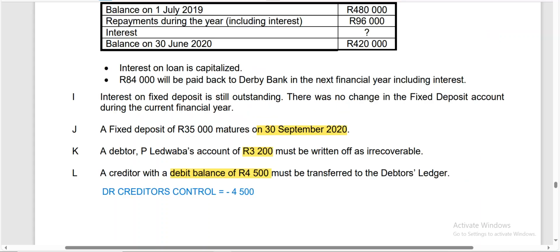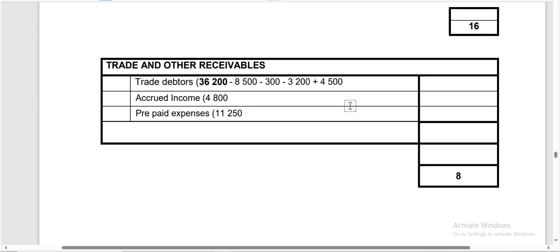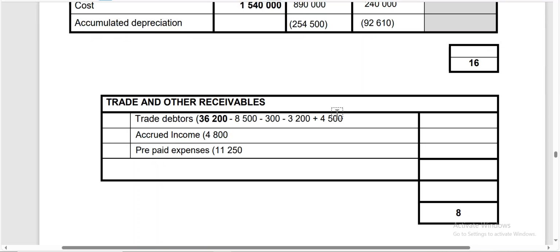So what we need to do now is to check if our information balances. Let's close off the totals of the notes, because this is what we can deal with for now. I'm going to try and close this off and see if it gives us the correct total. So let's see.